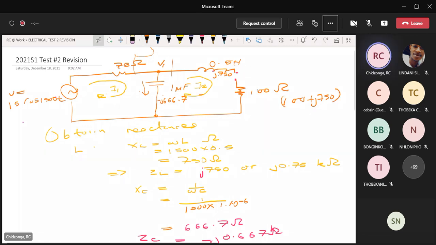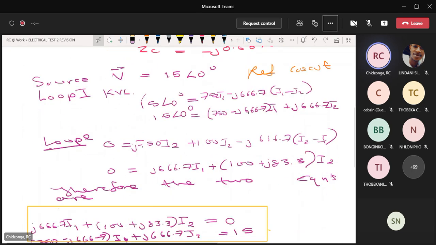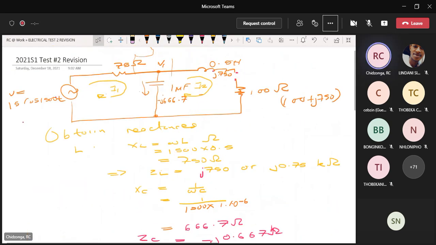That's one impedance. So times I2, it gives you one voltage drop term, which is this term here. This is j750 times I2 plus 100 times I2, which is the drop around this.